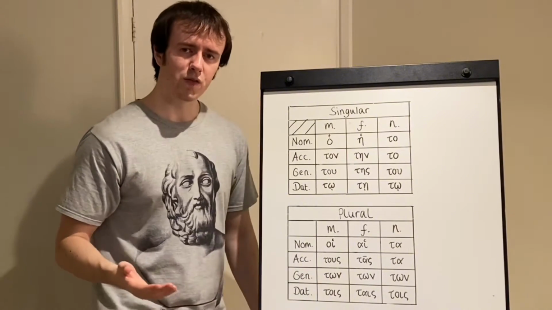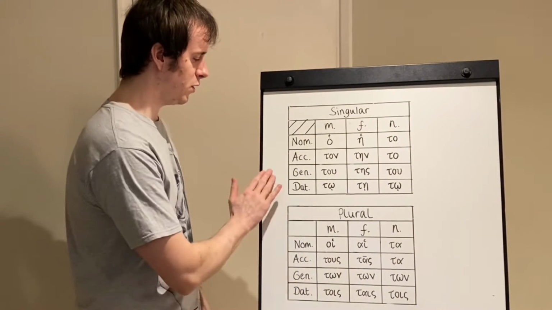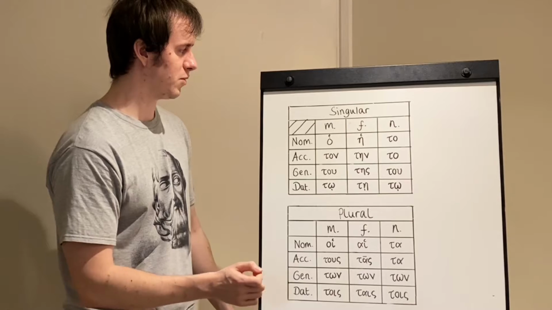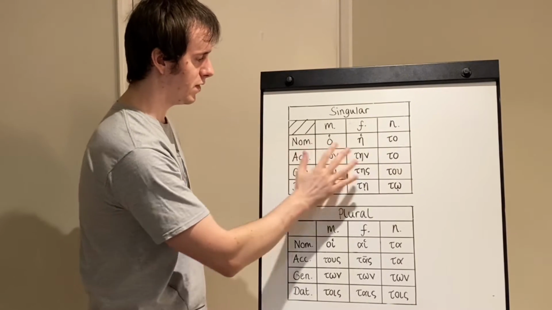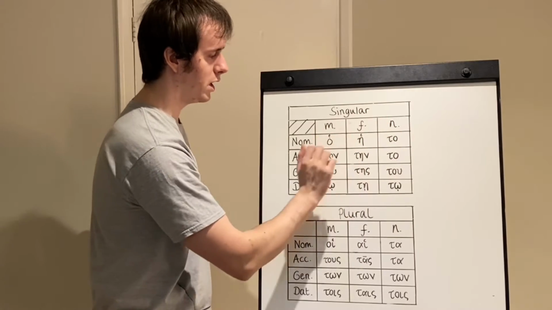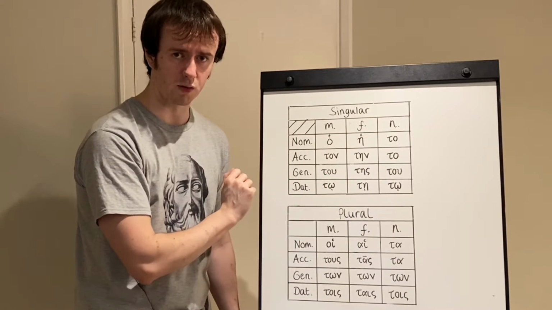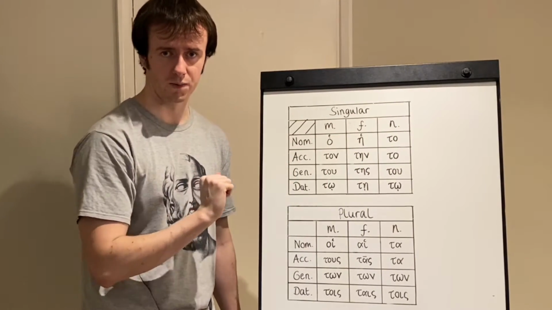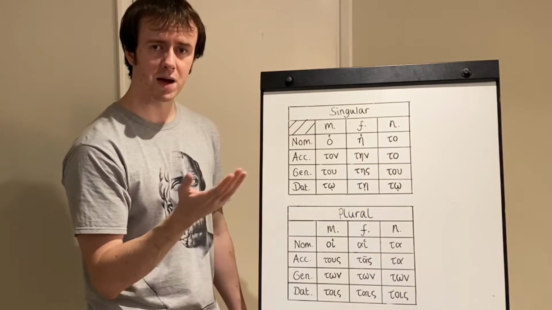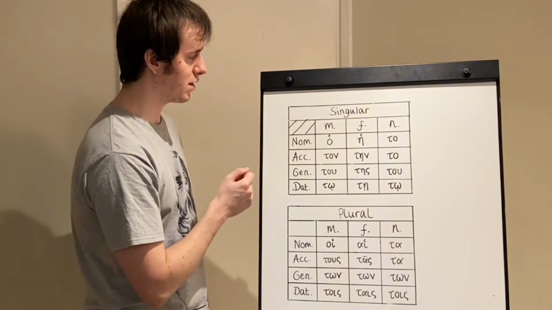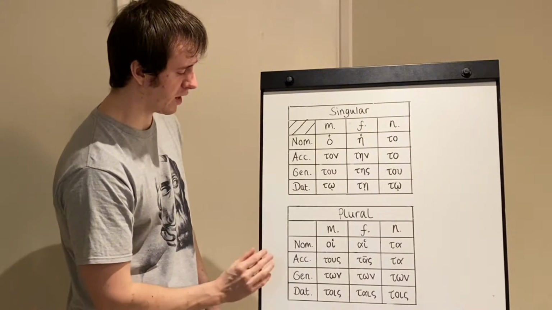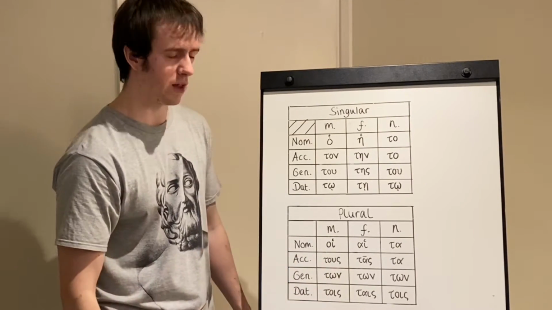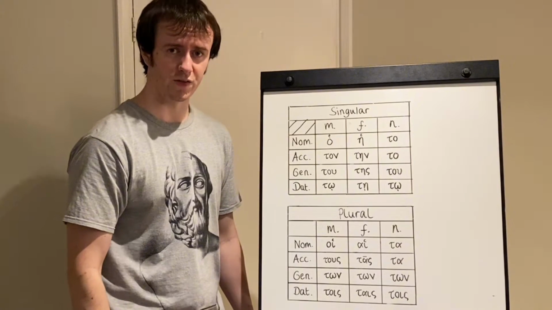And finally, with regard to number, the reason that there are two tables rather than just one is because the first table is singular. That is to say, these forms of the definite article are used for singular nouns, when there's just one of something. So for example, the phrase the man in ancient Greek would use a singular form of the definite article, whereas if you wanted to say the men, then you would use a plural form of the definite article.